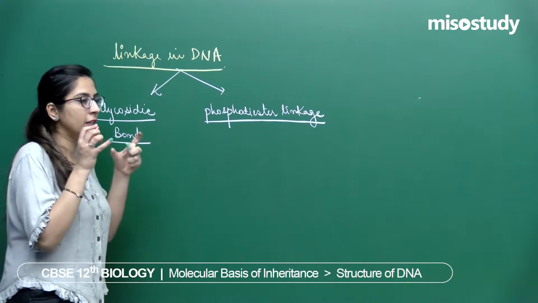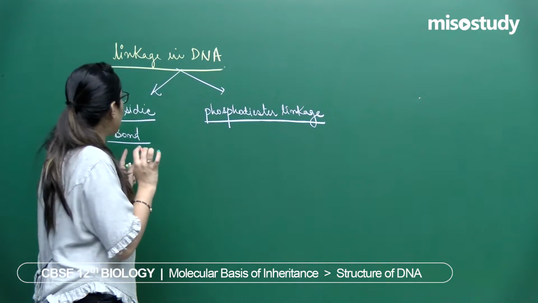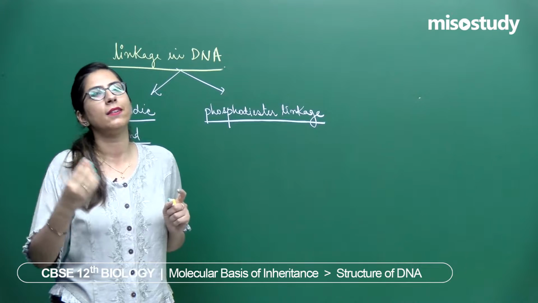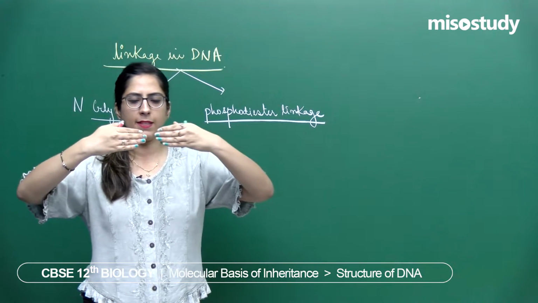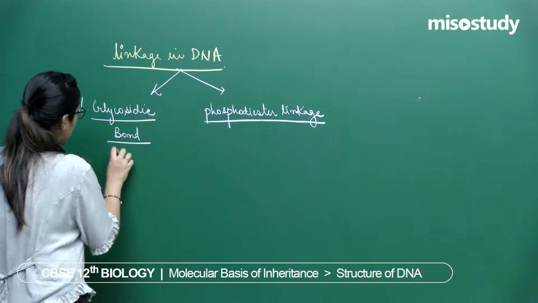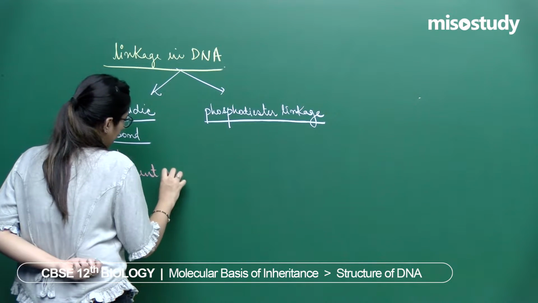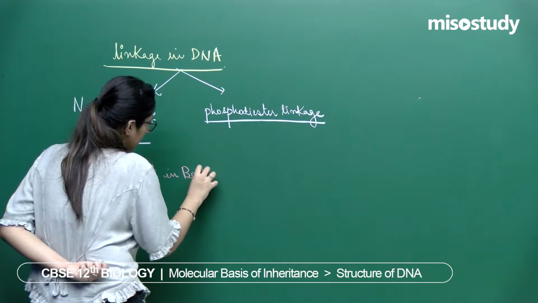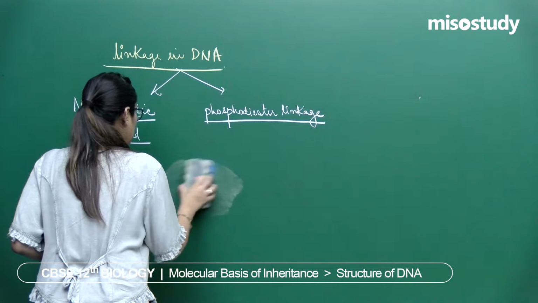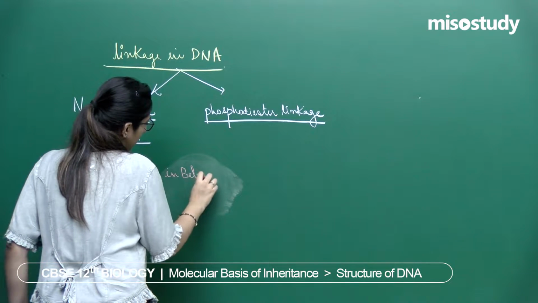Glycosidic bond, the name itself indicates that a ribose sugar is definitely there. This is the bond present between the nitrogenous bases and the ribose sugar. The ribose sugar and the bases are connected by a bond, and the name of that bond is the glycosidic bond.